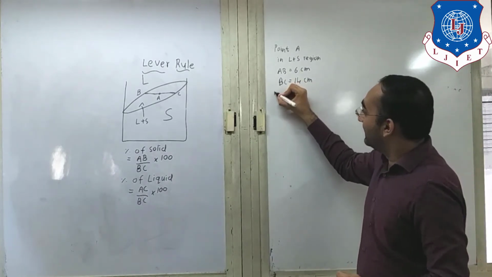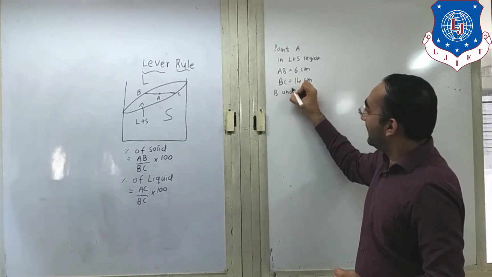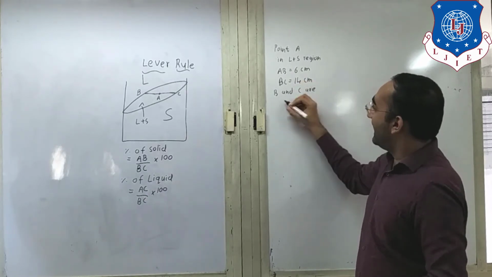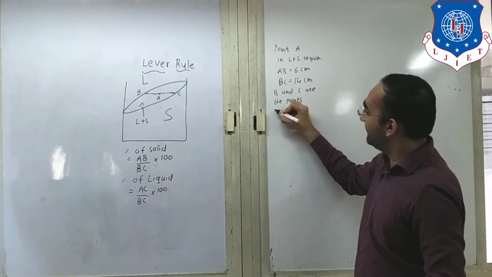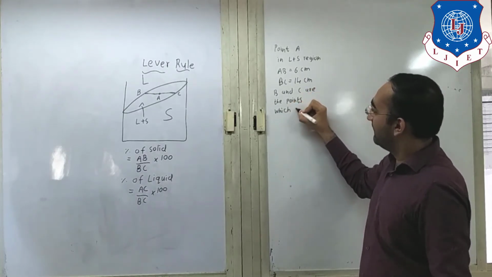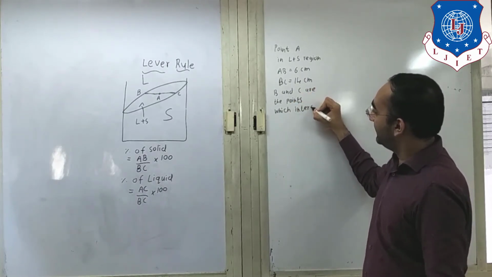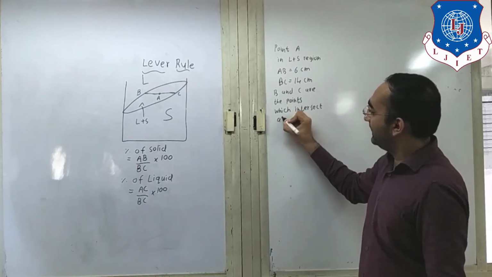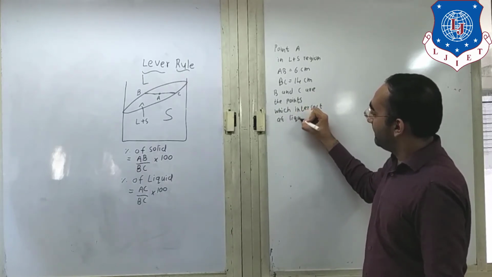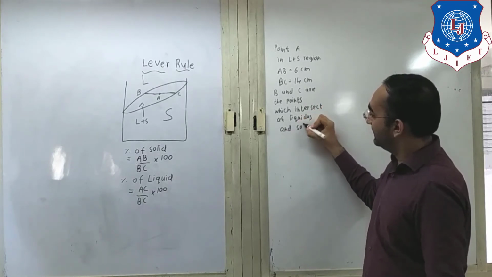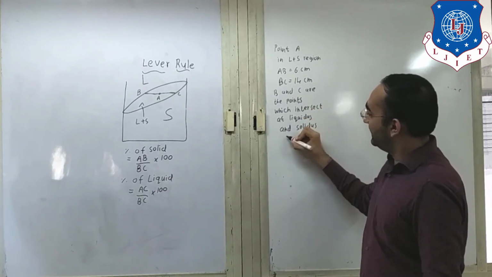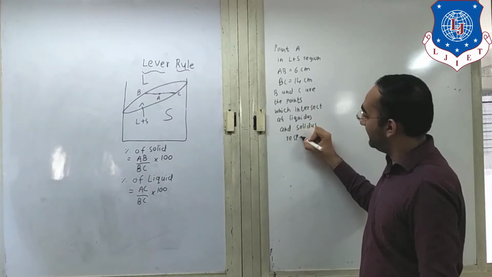Let us take that B and C are the points which intersect at liquidus and solidus respectively.